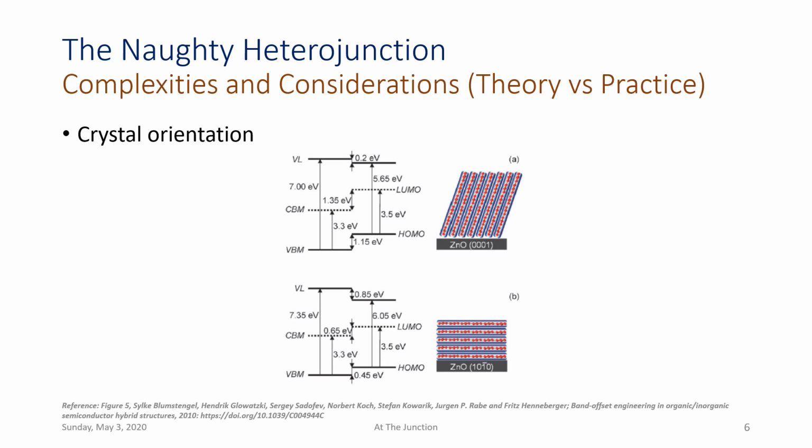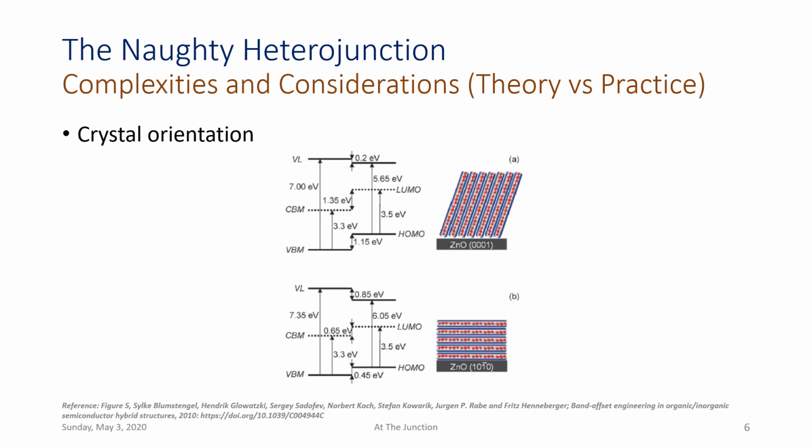The fourth consideration is the crystal orientation during growth. As you could see in the figure taken from the paper in the reference, the delta EC in figure A is different from the delta EC in figure B. The delta EVs are different, and even the work functions from the vacuum levels are different.